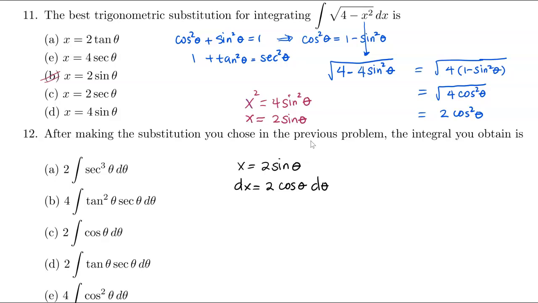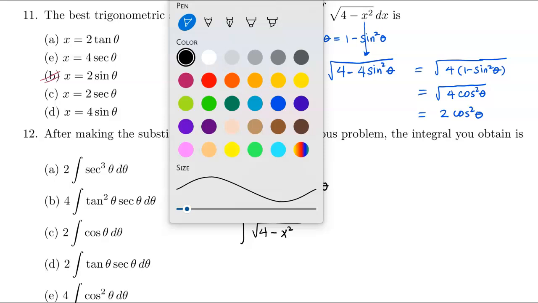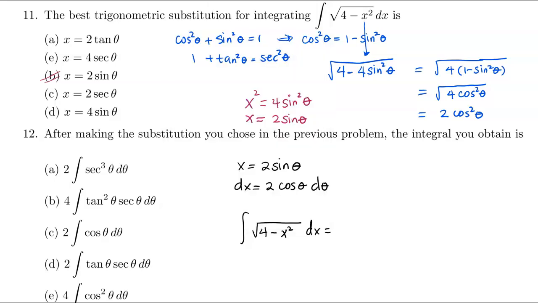So that means this expression, the square root of 4 minus x squared dx, the integrand becomes the square root of 4 cosine squared theta.